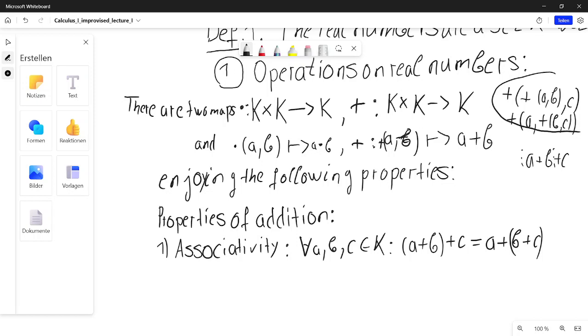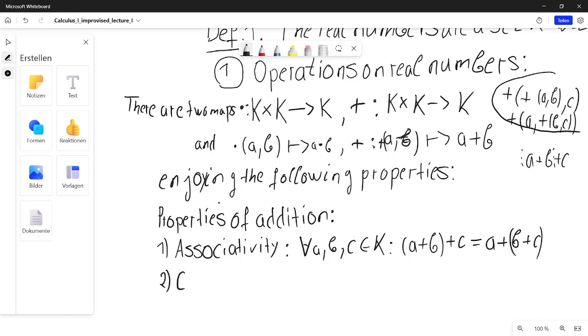We only state that property, but actually this property extends to any proper bracketing in an expression that contains only pluses. So in such expressions, we can always eliminate the brackets. Okay, that is associativity.